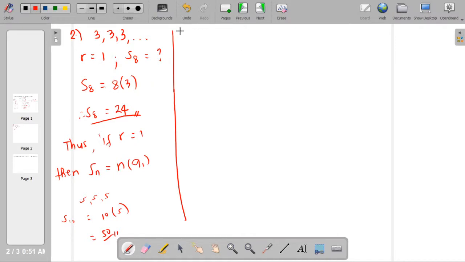Let's have another example. The third example. What if your sequence goes like this? These are special cases. Let's just say we have 4, and then negative 4, and then 4, then negative 4, and so on. What if your sequence looks like this? First, is this a geometric sequence?